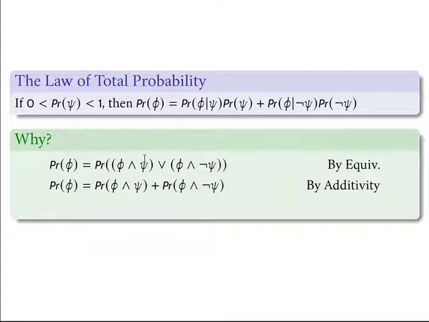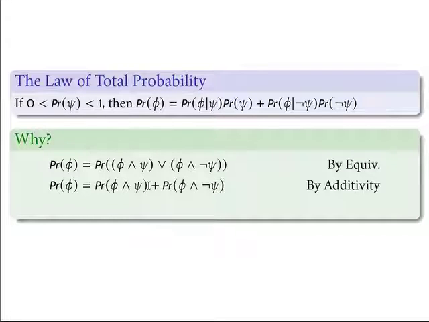Phi and psi is claiming that psi is true, and phi and not psi is claiming that not psi is true. But it cannot be both the case that psi is true and not psi is true. So that means that phi and psi is mutually exclusive from phi and not psi, the other disjunct. Therefore, the probability of the disjunction is simply the sum of the probabilities of the disjuncts.